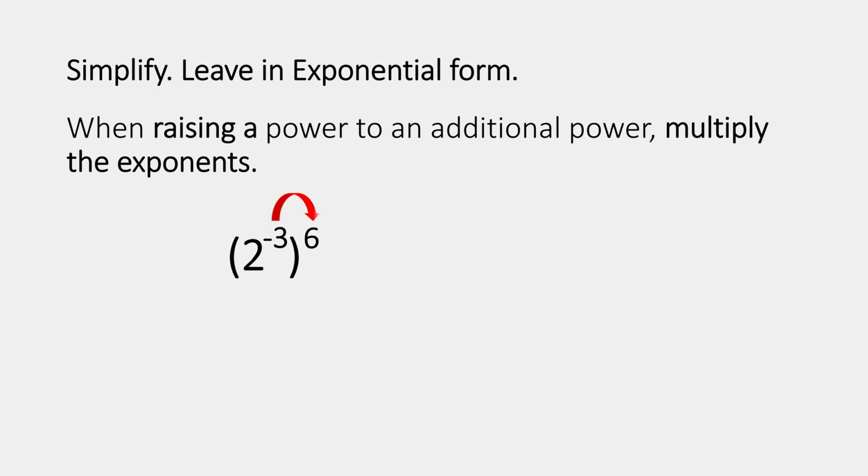Here we have a negative 3 times a 6. That will equal negative 18. And remember, in algebra, we cannot have a negative exponent in the answer, so we will write it as 1 over 2 to the positive 18th power.